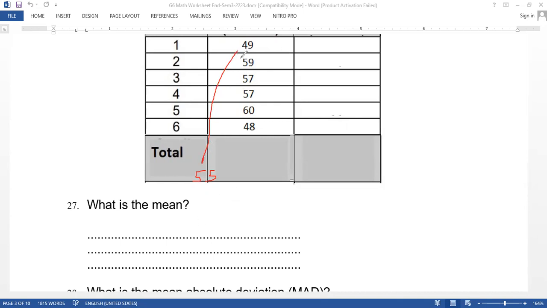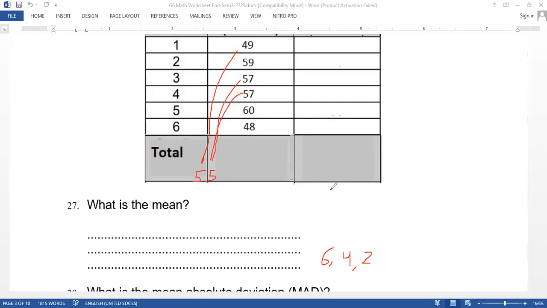The difference between 49 and 55 is negative 6, but because I want the absolute value, I put it as 6. Now 59 and 55, the difference is 4.